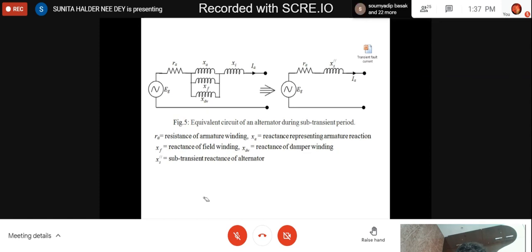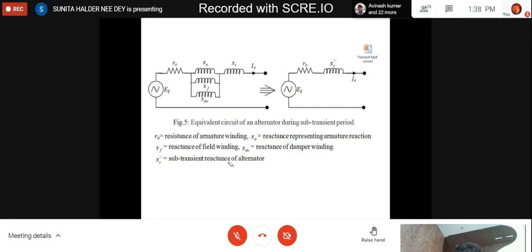You can never physically import the secondary winding resistance of a transformer to the primary, but we do it when we draw the equivalent circuit. Why can we do that? Because the behavior of the transformer is like that. So the equivalent circuit is a circuit representation of the behavior of a particular machine.